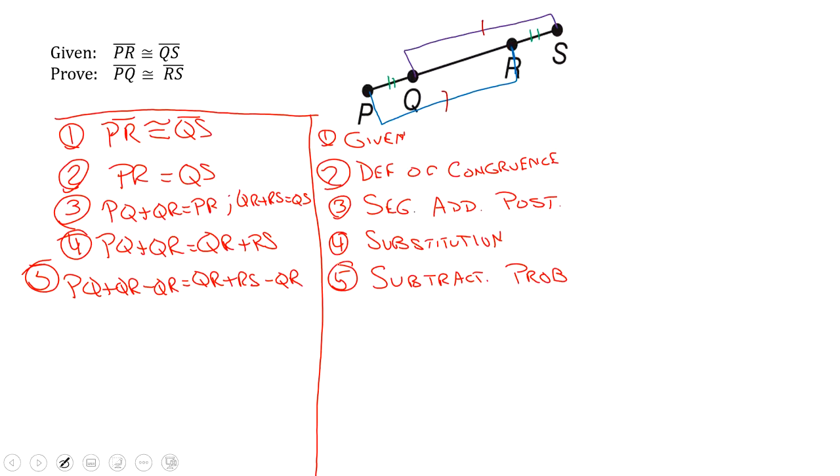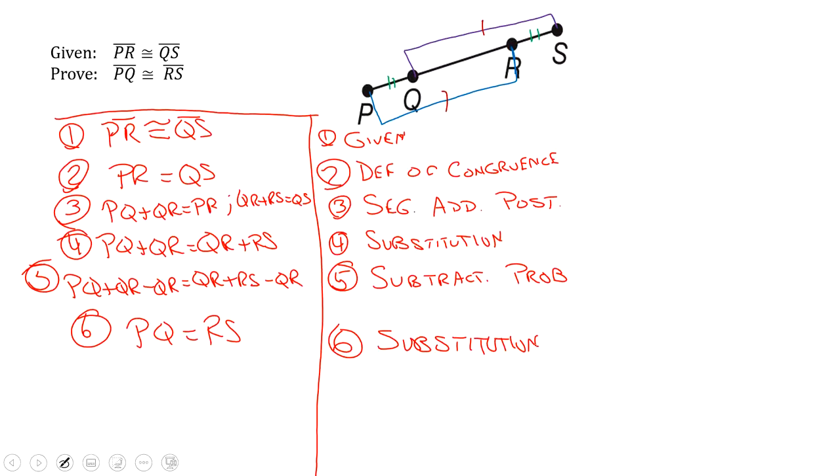That'll confuse me as I'm grading stuff. So now when we do that, our QRs are all going to cancel. We're left with, on line 6, PQ equals RS. Again, this is substitution. Does everybody understand how we're able to do that, hopefully? Okay.